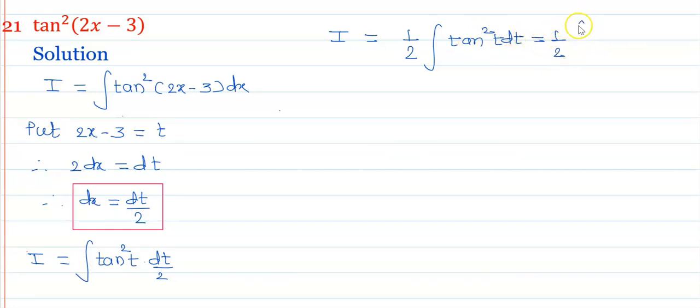Now by using the identity tan square x plus 1 is equal to sec square x, the value of tan square t is sec square t minus 1.